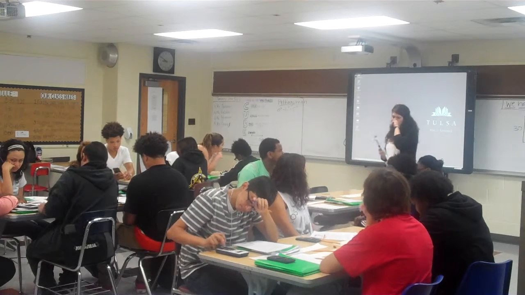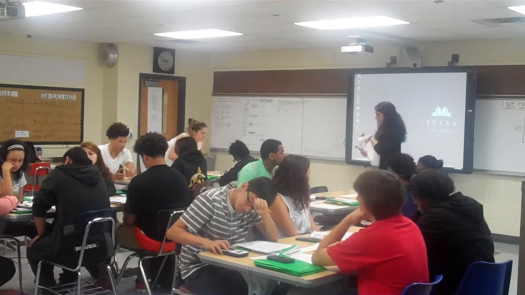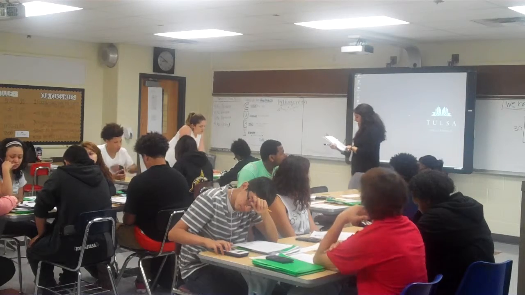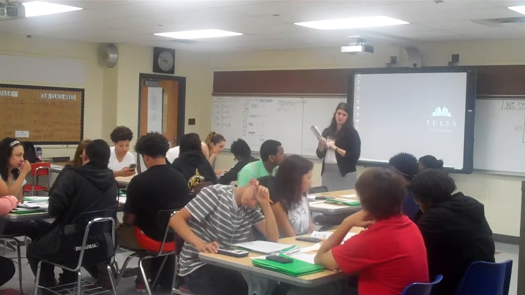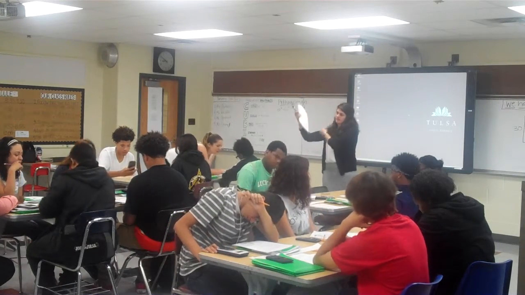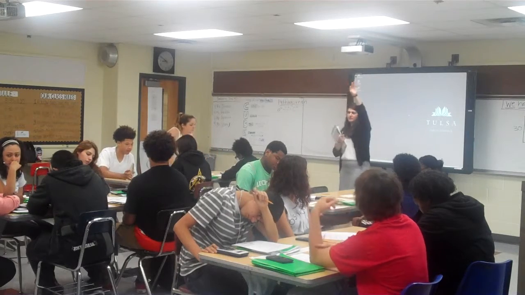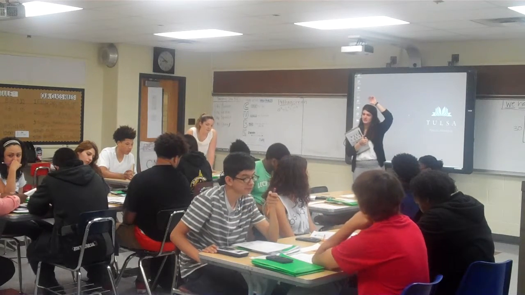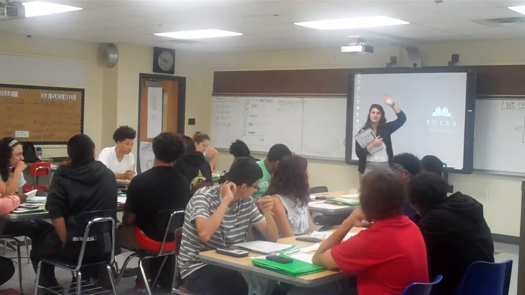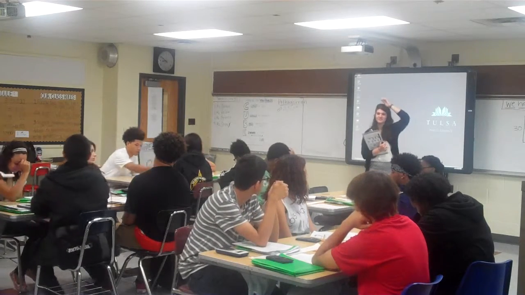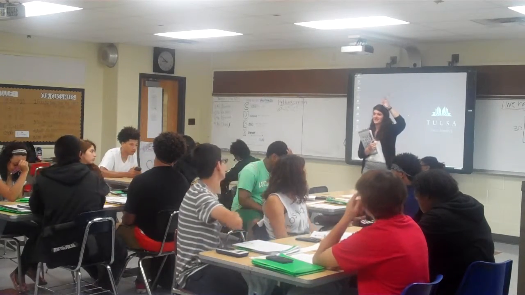Focus back up here. We're going to go over this explore. Who found a value for x for our shorter shadow? All right, who found a value for x? I know some of you guys did.